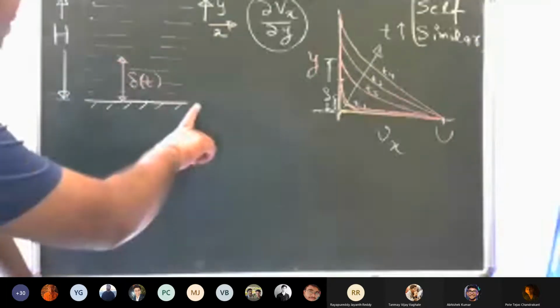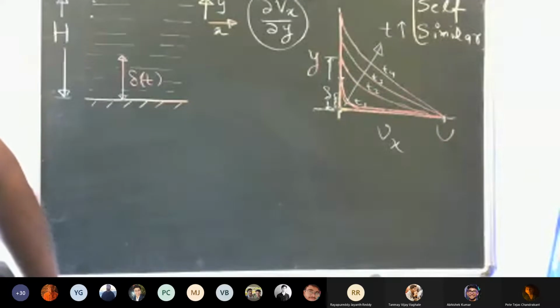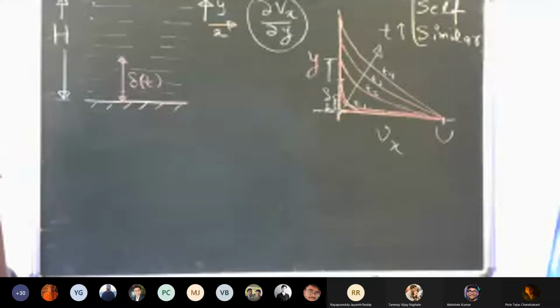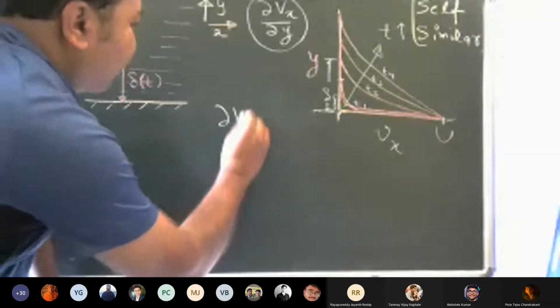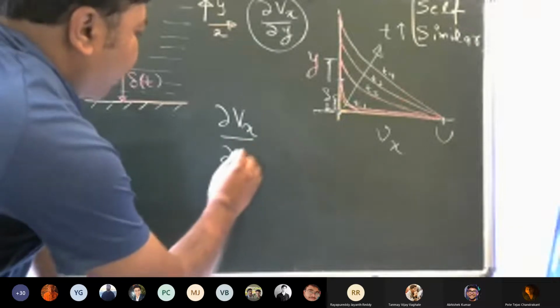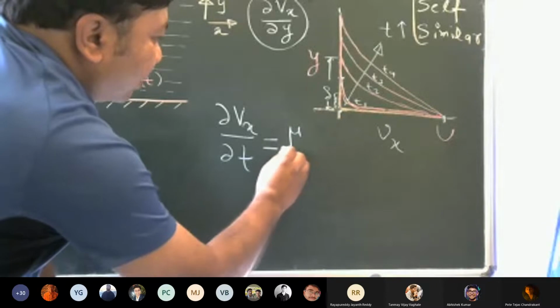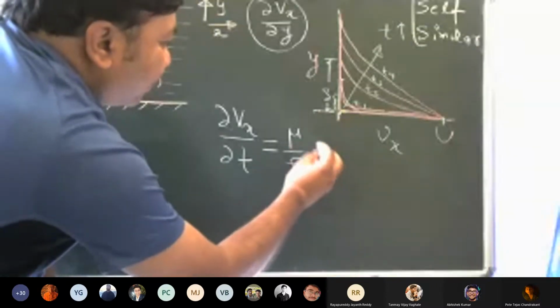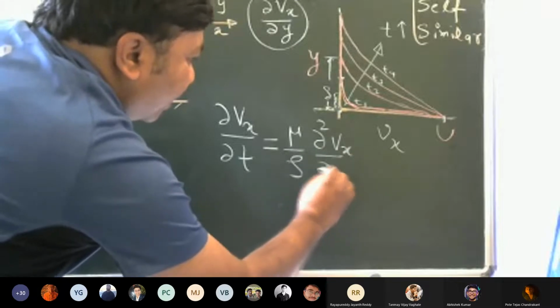Good. If you remember last class, we were trying to get the order of magnitude of the various terms in the governing equation, and we are discussing with Anik. So our governing equation, if you remember, is dou vx by dou t is mu by rho dou square vx by dou y square.